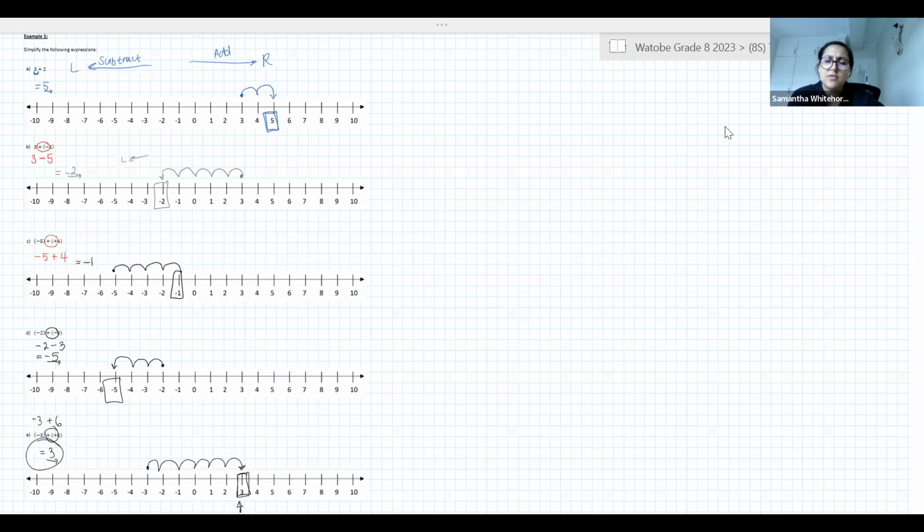What does the close bracket +6 close bracket mean? Okay, so all it's basically saying is that we are adding a +6. You don't actually need all of those signs there, but it's telling me that I'm adding a positive value, not a negative value. Thank you. Okay, good. Well done.